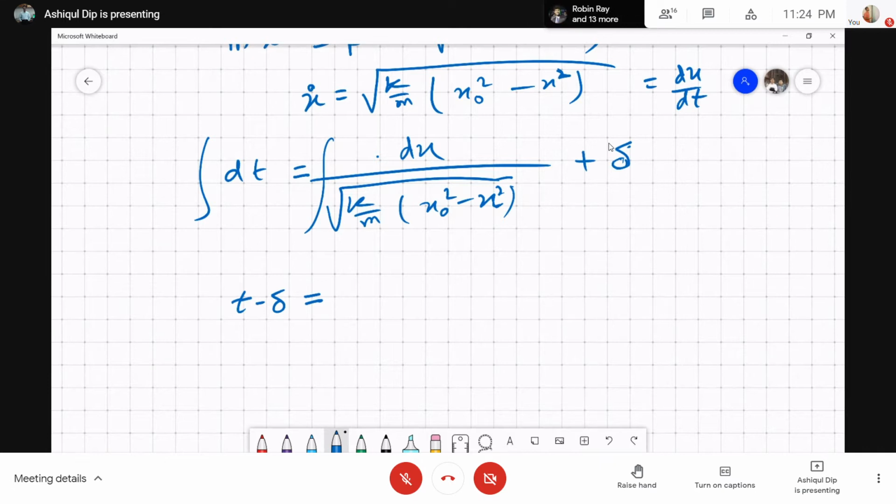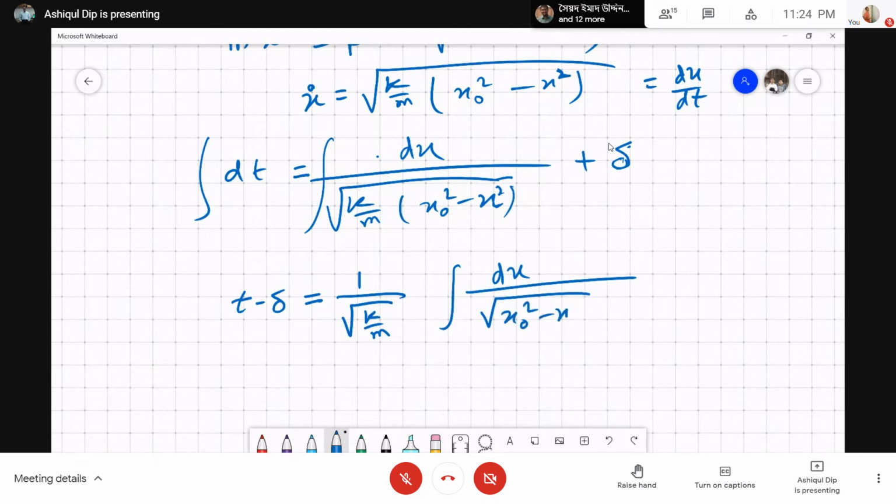You need to be precise. Actually, the root of k by m we can just take outside of the integration, which is basically omega. And then you have the square root of x naught square minus x square.